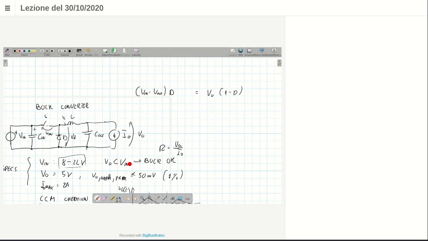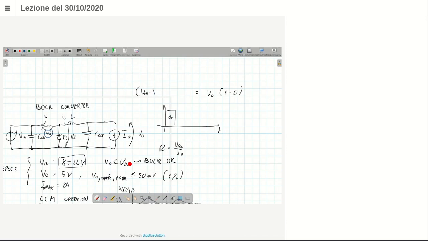This is under ideal components. If we would consider the voltage drop across the switch when the switch is on, during the on phase of the switch, the voltage across the inductor is not V in minus V out, but it is V in minus V switch minus V out.